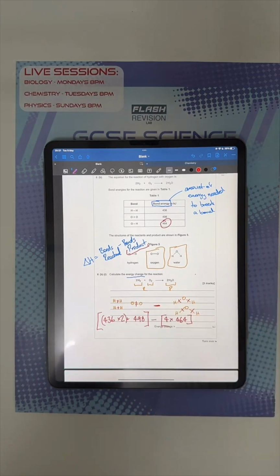So you do all of that minus all of that. Anyone got a calculator? Can you work it out? Not minus 486.